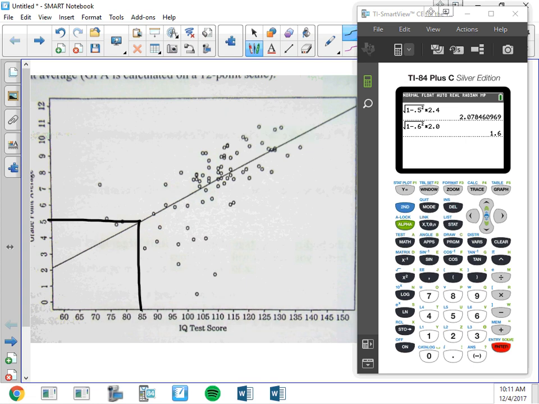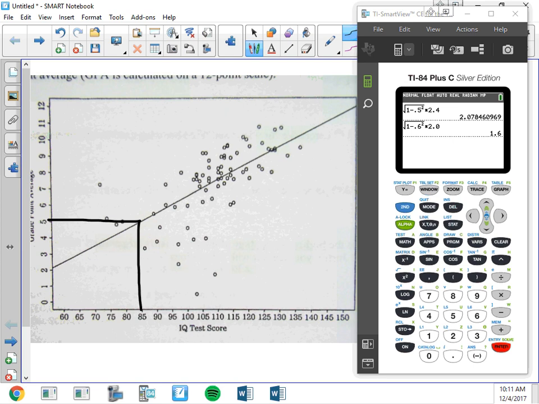False. You cannot predict X's using Y's. The regression line only works for Y on X. It doesn't work for X on Y. So X can predict Y, but Y cannot predict X using this regression line. There is another regression line that will work, but they're not inverses of each other.